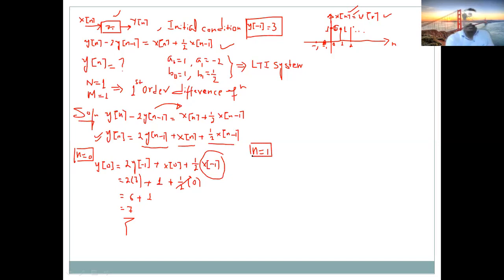The output of this system when the time n is equal to 1. So from our equation, we are using this equation.